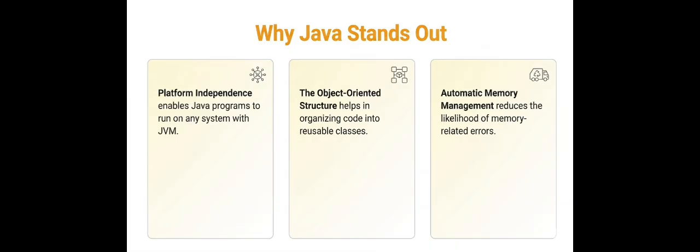Why does Java stand out? Because of platform independence. Its core concept is that Java programs run on any device or operating system because they rely on the Java Virtual Machine, and its motto is write once, run anywhere. Then its object-oriented structure: Java organizes the code into modular real-world units called classes and objects.